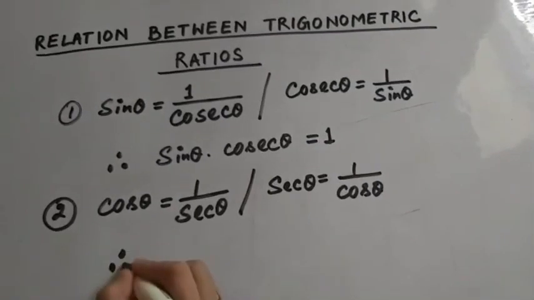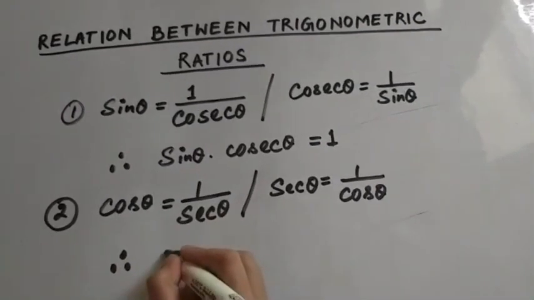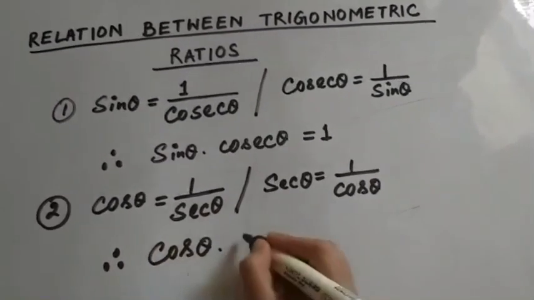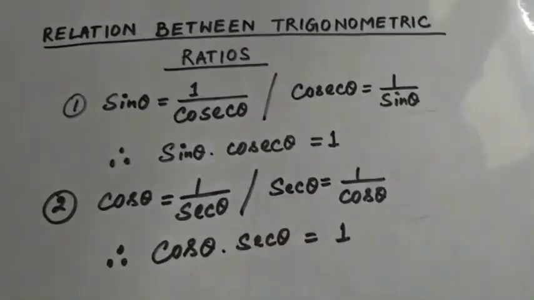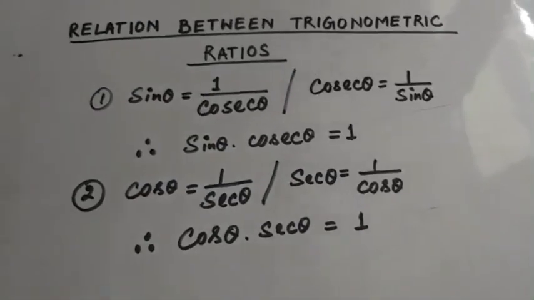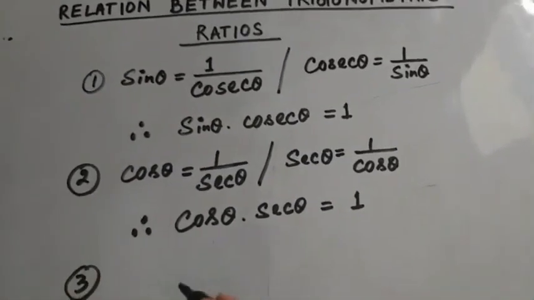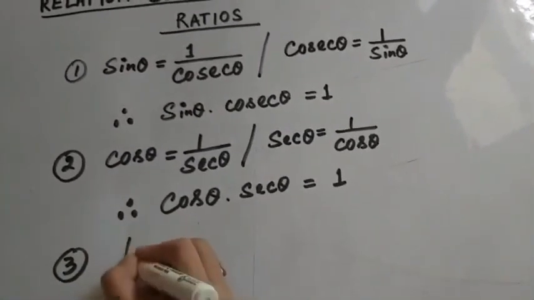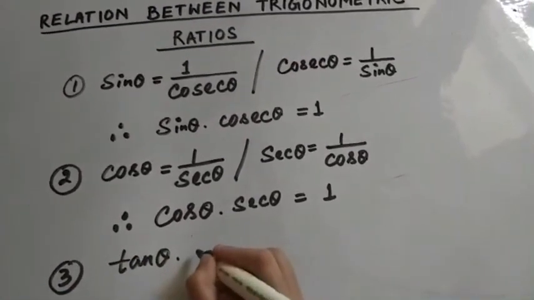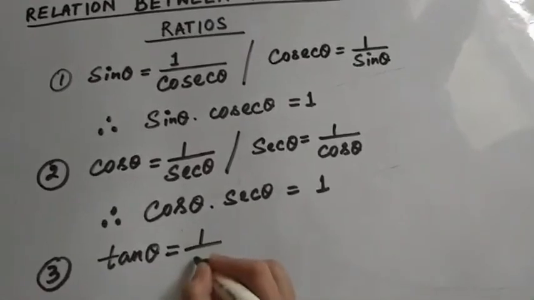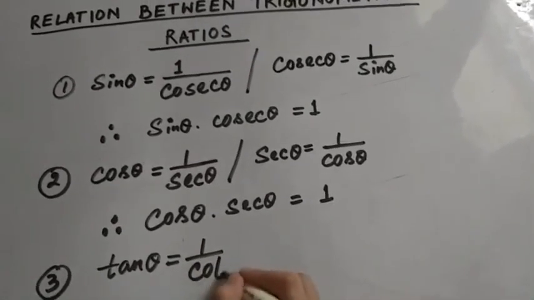Similarly, we can say cos theta multiply sec theta equals 1, because they are reciprocals of each other. Number 3, tan theta multiply cot theta equals 1, so cot theta equals 1 by tan theta.